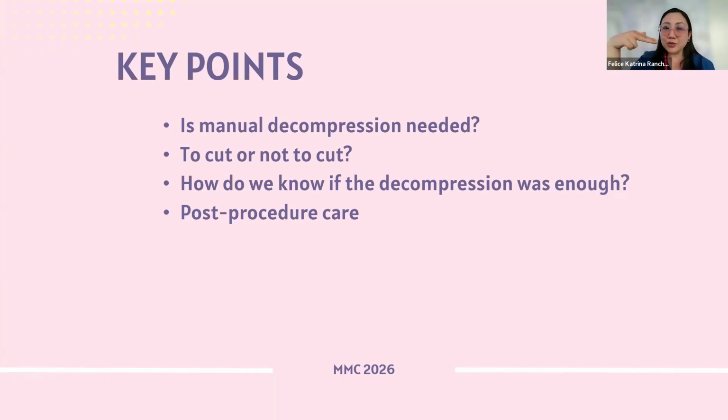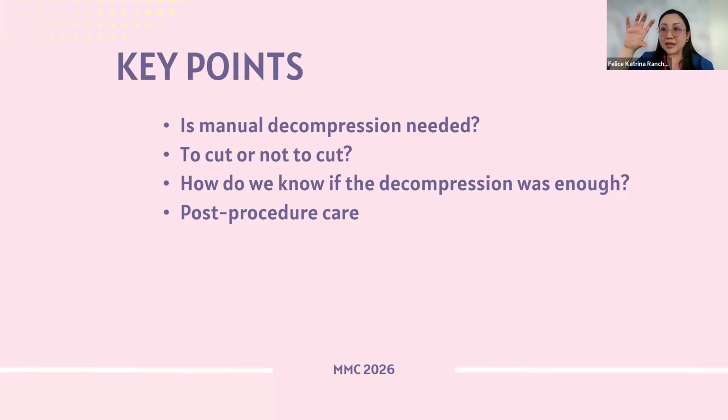After we do the canthotomy and cantholysis, after we do the anterior decompression, how do we know if the decompression was enough? We have to recheck the IOP. If it decreased a little bit, for example from 45 to 35, then we know that decompression was effective. We also have to look for some return of function. There should be some improvement in vision, not immediately back to 20/20, but at least a little improvement.